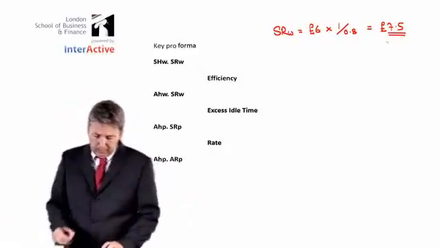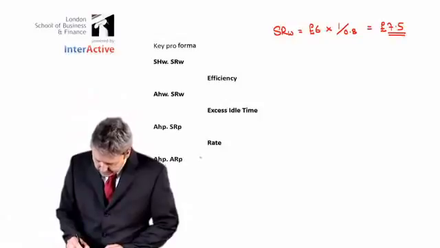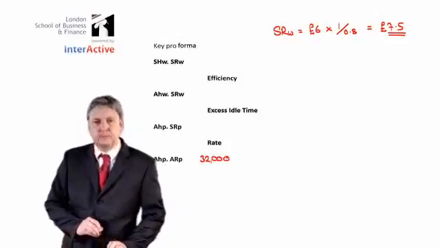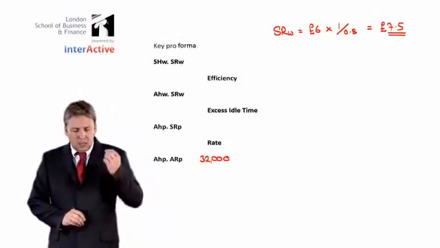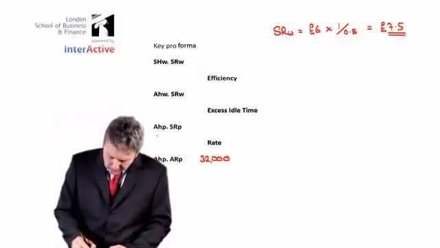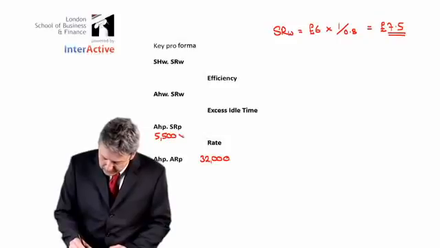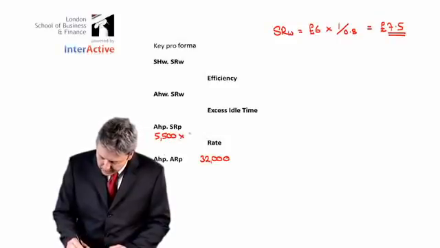Now we can then bash through the variances. Actual hours paid, actual rate paid has not changed, 32,000. Actual hours paid, standard rate paid, I don't think has changed either. We had 5,500 hours paid, and the standard rate paid was 33,000.